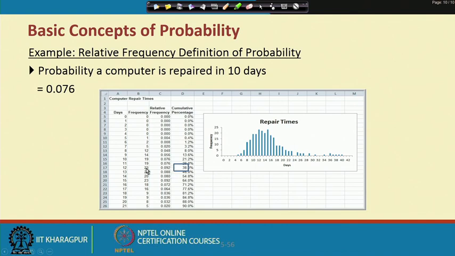See here, whatever I have already discussed, let's say this is day-wise information, and how will you transfer it into probability format? This is day-wise information, and these are all frequencies. What will you do?